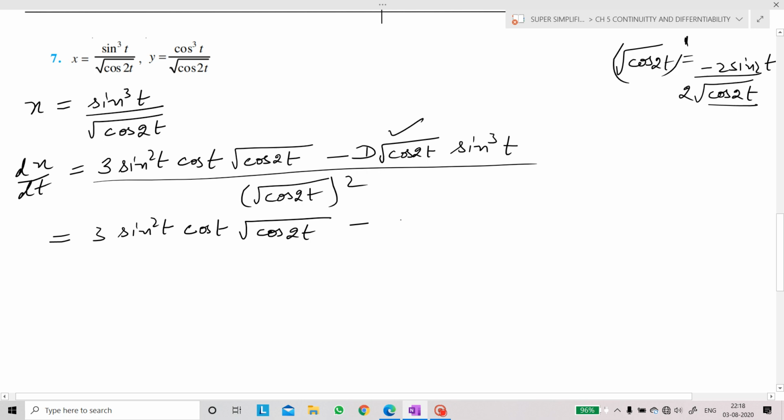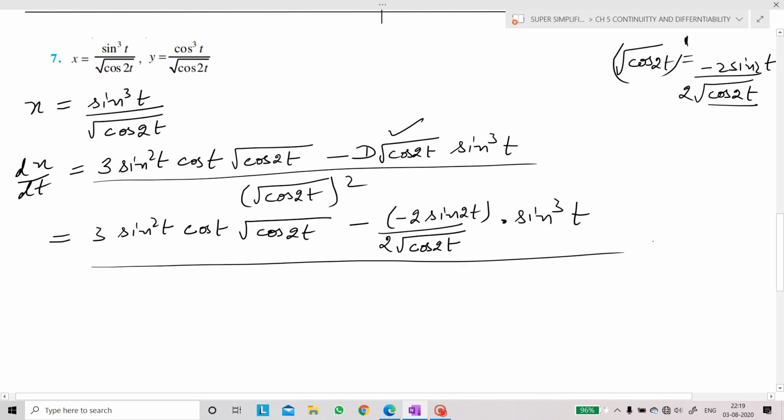This is going to be 1 upon 2 square root of cos 2t, and in the numerator minus 2 sin 2t into sin cube t, and whole thing divided by cos 2t. This denominator, root cos 2t square, is cos 2t.